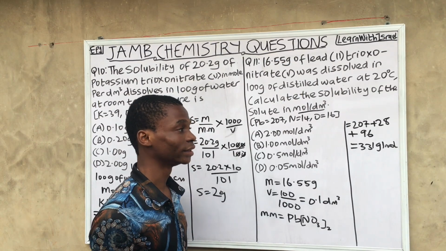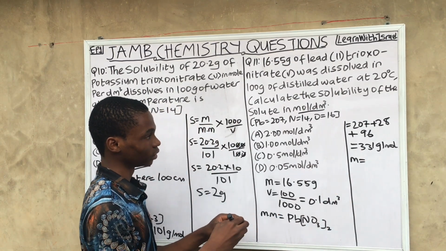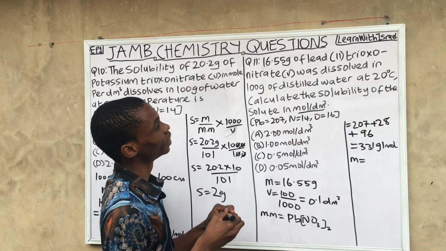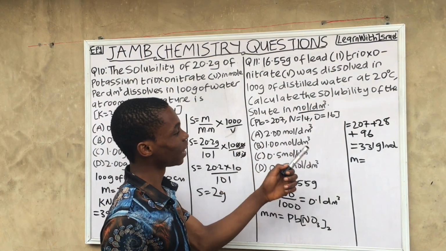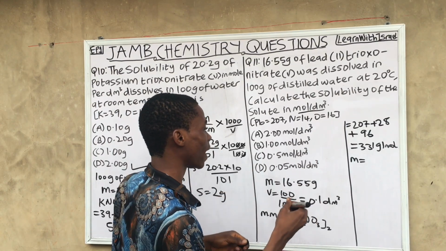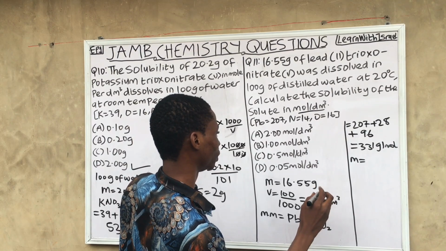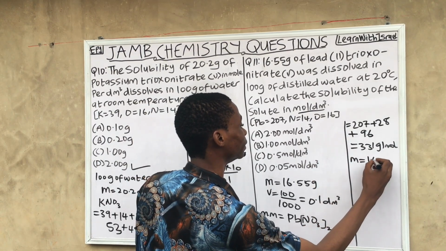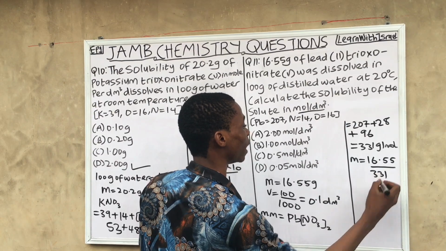So what are we doing next? We have to get our number of moles. The reason is because we are looking to get the answer for solubility and we need our mole. So to get our mole, we divide mass over molar mass. So our mass, 16.55 divided by 331.